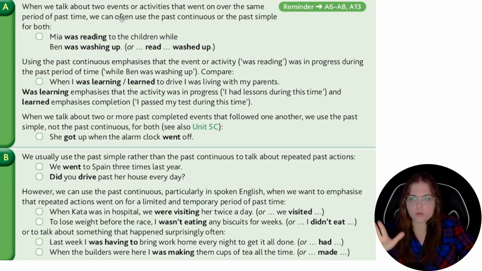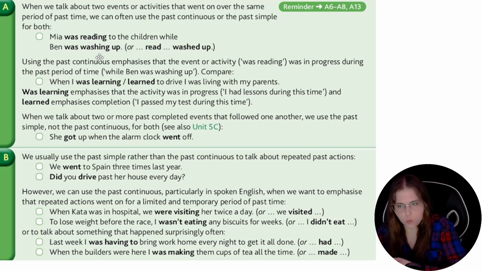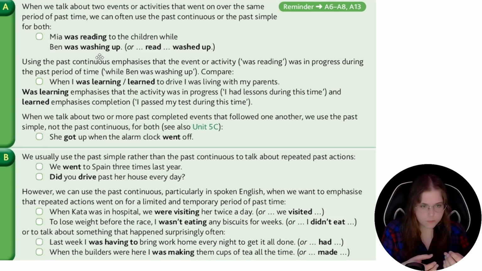When we talk about two events or activities that went on over the same period of time, we can often use the past continuous or the past simple for both. For example, Mia was reading to the children while Ben was washing up. These two actions were simultaneous. While he was washing up, she was reading.